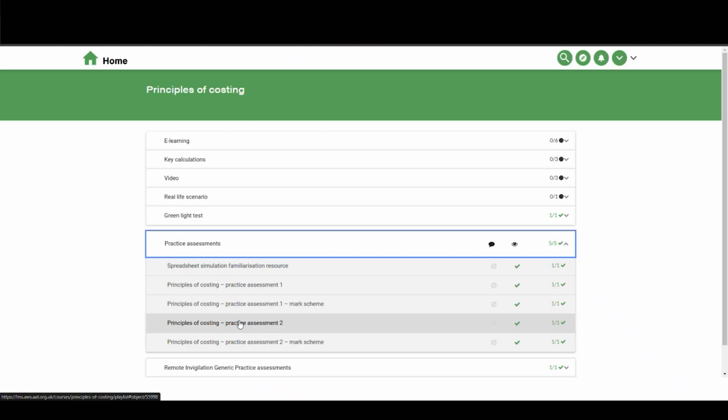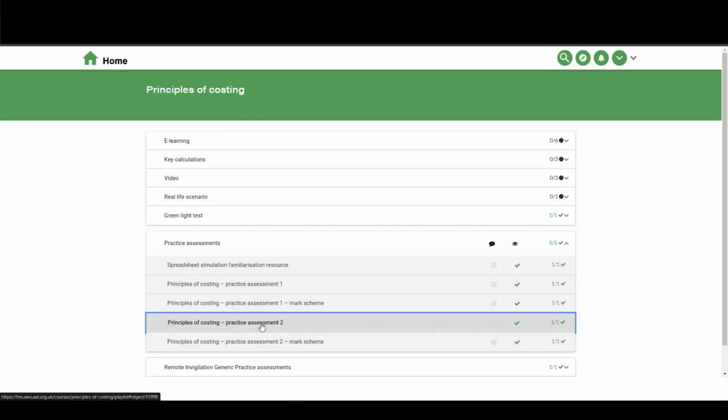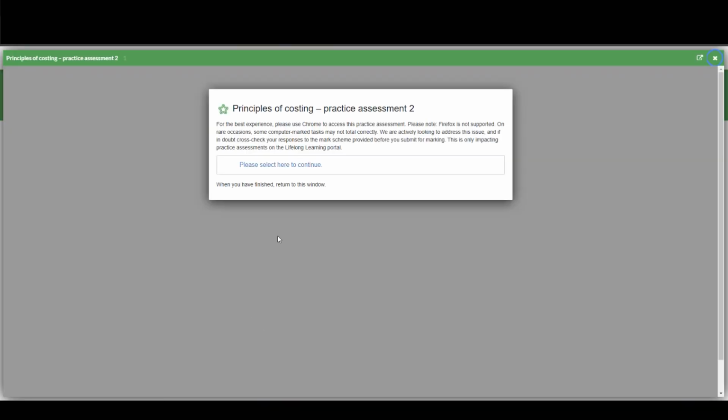The other alternative is to do a screen print or a screen grab of your answer, paste it into a Word document or into OneNote, and then you can check those answers against the mark scheme once you finish the assessment. That's much more useful for revision purposes. Okay, so let's go into the practice assessment now.